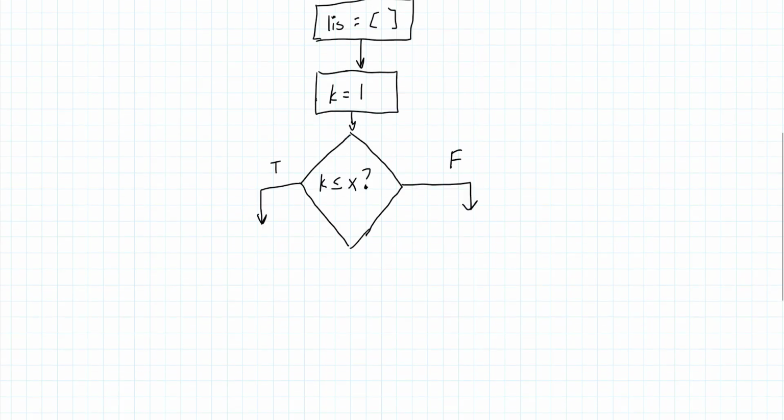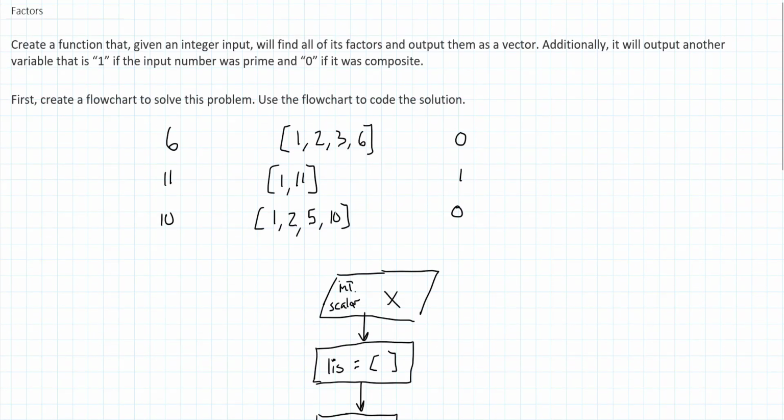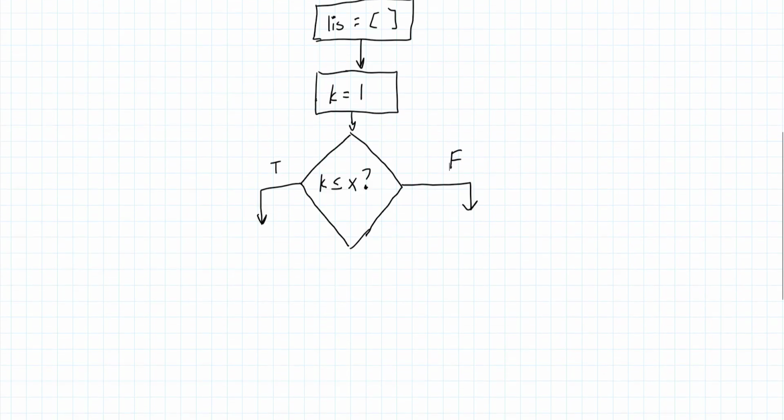So k starts as 1, it's less than x. Let's go by 6 to think this through, so let's say x is 6. So 1 is less than 6. What we want to do is ask, is our given number divisible by k right now, which is 1? If it is, we're going to do something. If it's not, we're going to do something else.